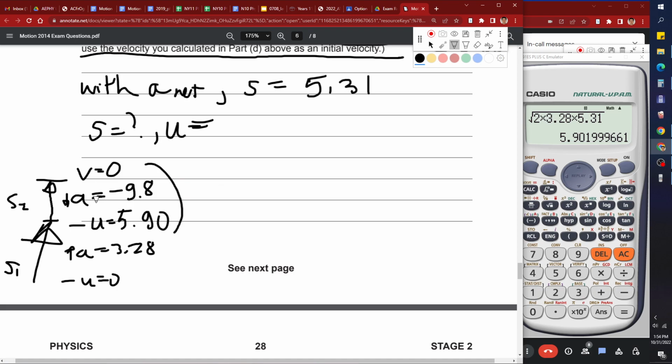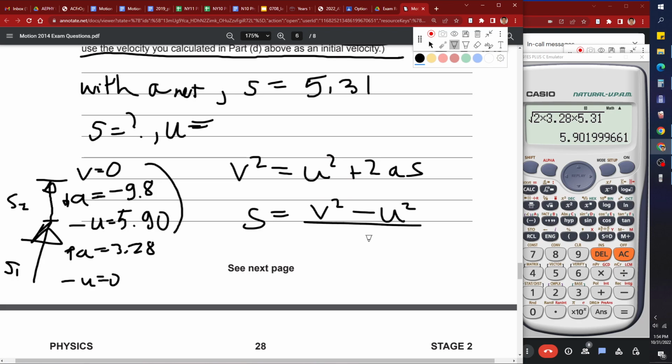So this second part is real easy for us. From those variables, we don't know the time, so it's just this. Again we're going to use this equation, but this time everything's a little different. We'll rearrange for S: V squared minus U squared, all divided by 2A.